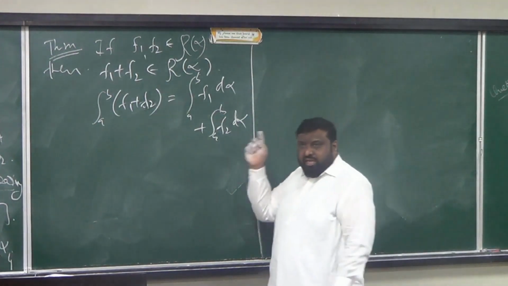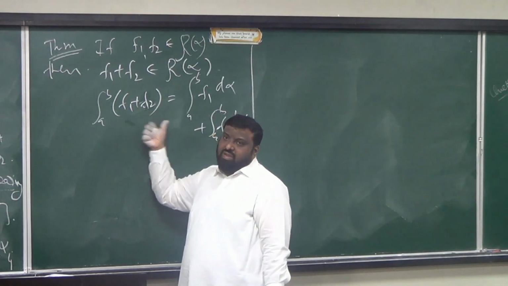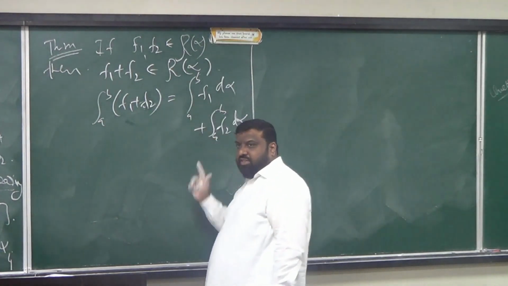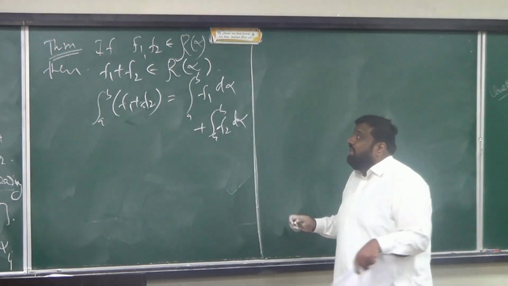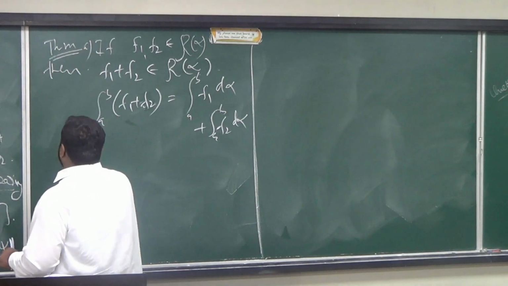This identity answers the question: if you want to find the integral of this sum, just take the sum of the integrals. That's part A of this problem.